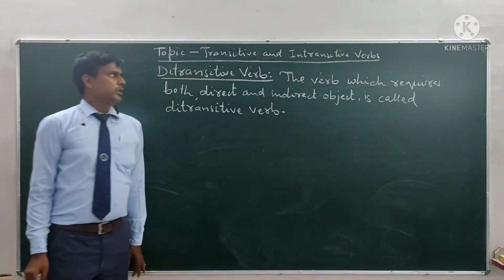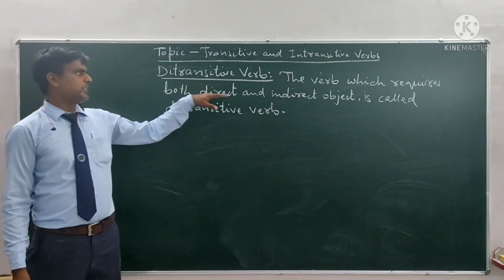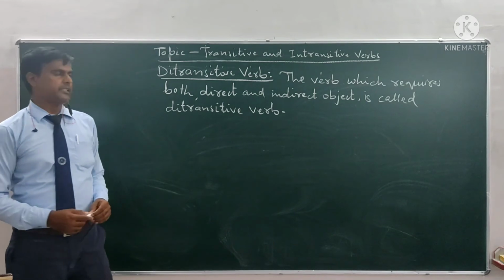Okay? So the verb which requires both direct and indirect object is called ditransitive verb.